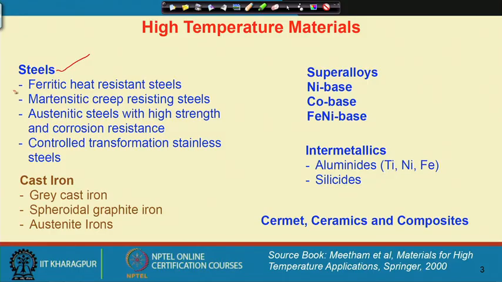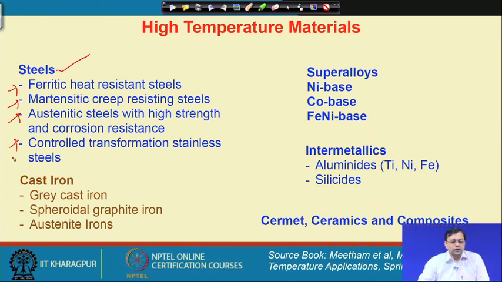Here there are 4 major categories of steels exploited for higher temperature application, like ferritic steels, which means the microstructure contains ferrite, heat resistant steel, and martensite creep resistant steel.